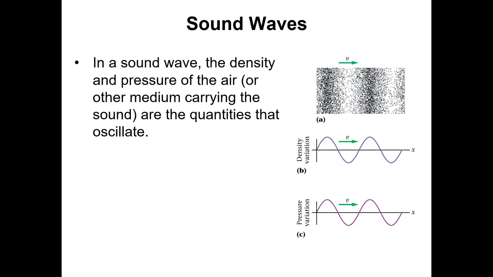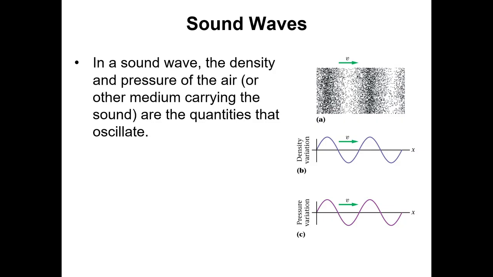If you look at the density variation in the graph here labeled as B, the peak is where there is high density, and the trough, or the bottom of the minimum, is where there is low density. And so there is high density, low density, high density, low density. From high density to high density, that's peak to peak, that's one wavelength.